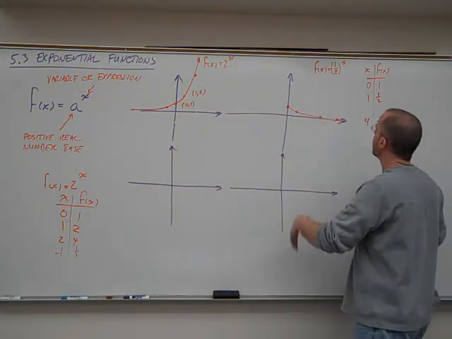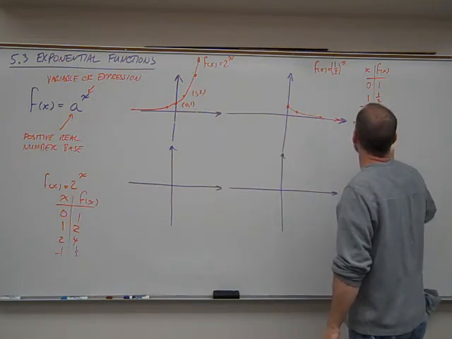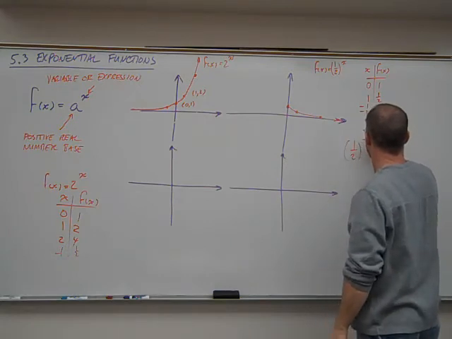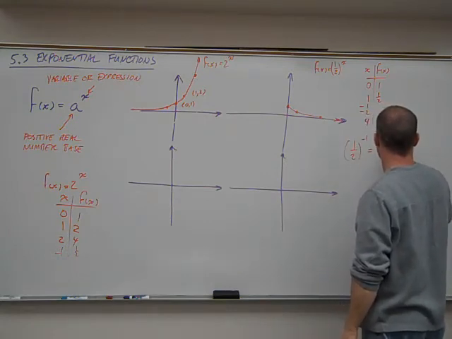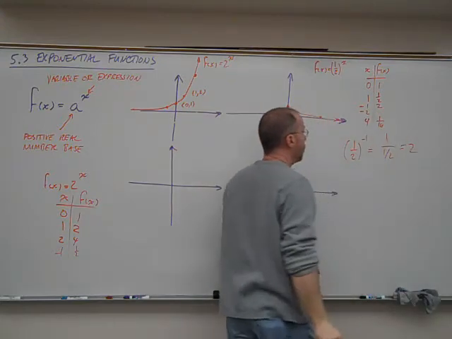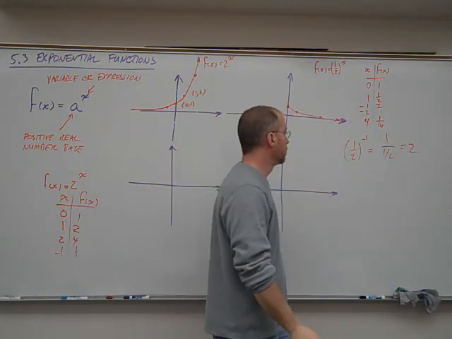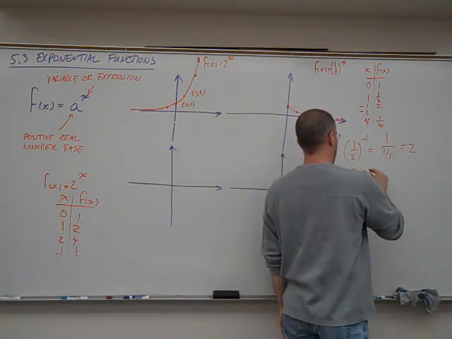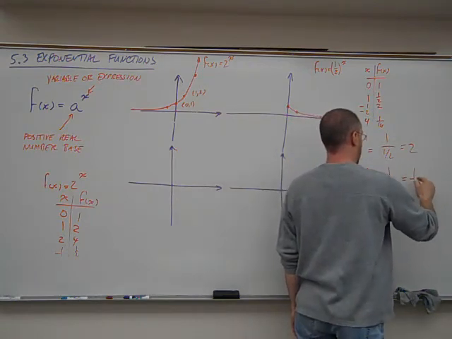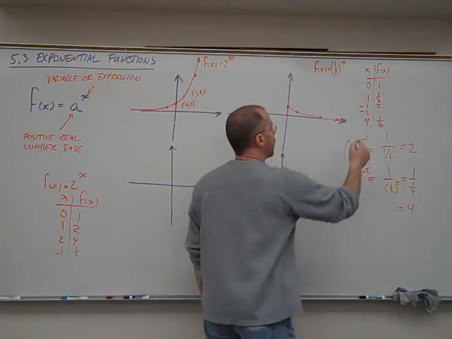What happens if I put in negative values? Well, if I put in -1 or -2 here, (1/2) to the -1 is the reciprocal of 1/2, which is 2. (1/2) to the -2nd power is 1 over the square of 1/2, which equals 4.